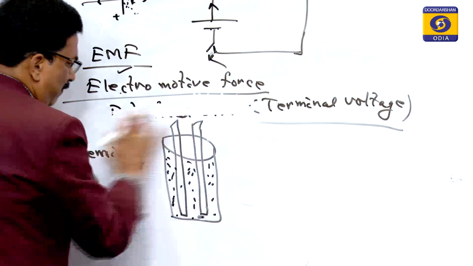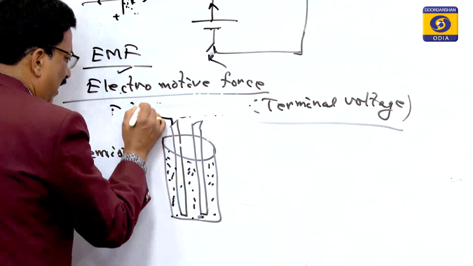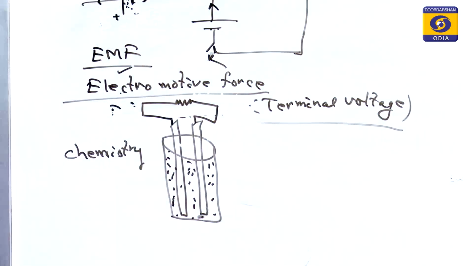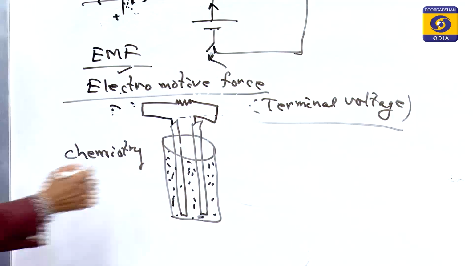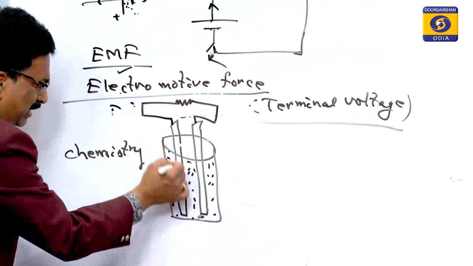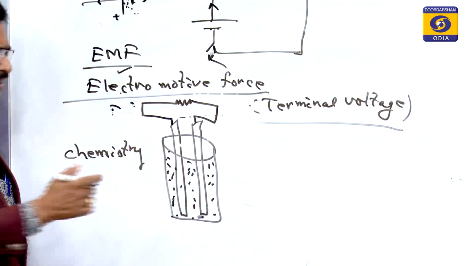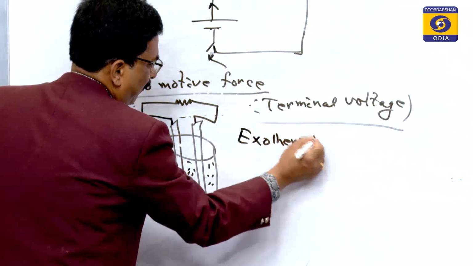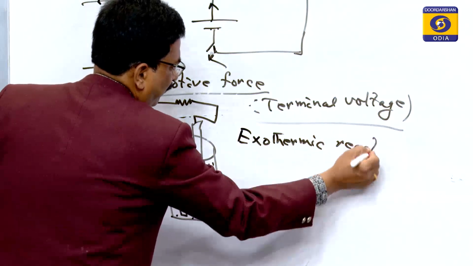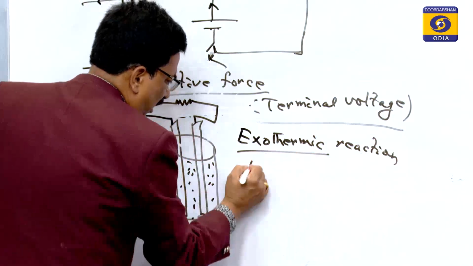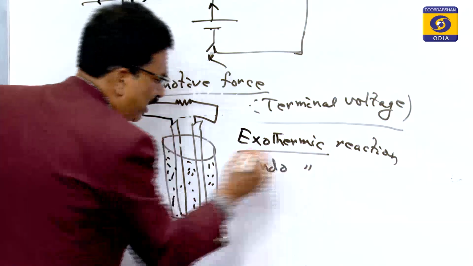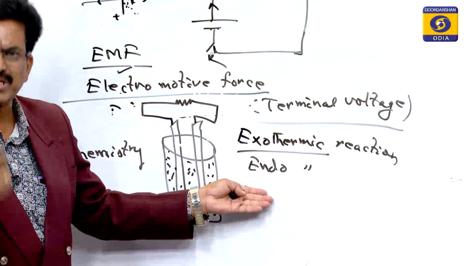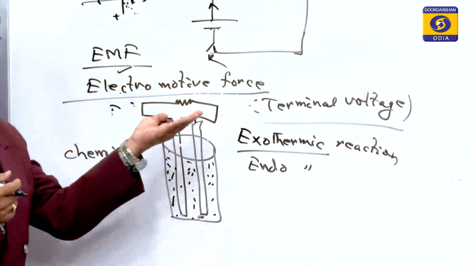And if these two ends are connected with a resistor, then due to the chemical reactions, these electrolytes will make an exothermic reaction. So, one is exothermic, one is endothermic. Exothermic means which provides, endothermic means which absorbs. So, it produces the exothermic reaction.